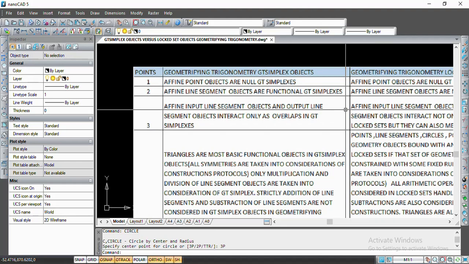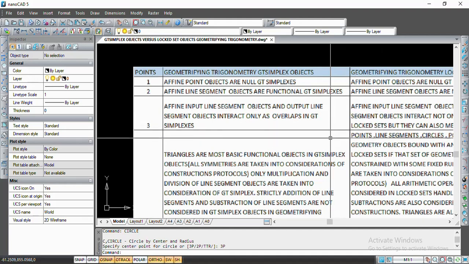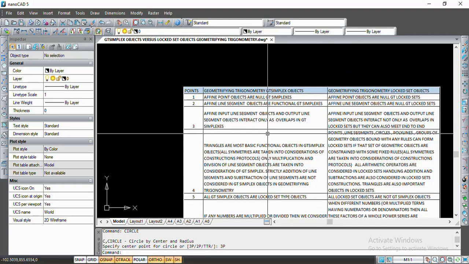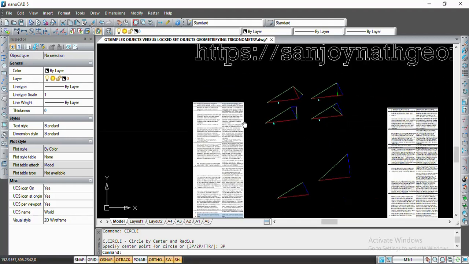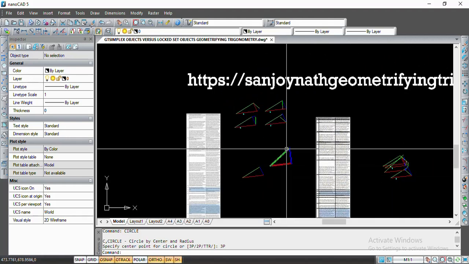Triangulation in the Voronoi way, or the triangle construction in Mandelbrot sets, or the new point additions in fractals, are not the same as the triangle construction in Gtsimplexes or in the locked sets for geometrifying trigonometry, because the purpose of geometrifying trigonometry is to express any trigonometry expression in a geometric form like these, which I have demonstrated here again.